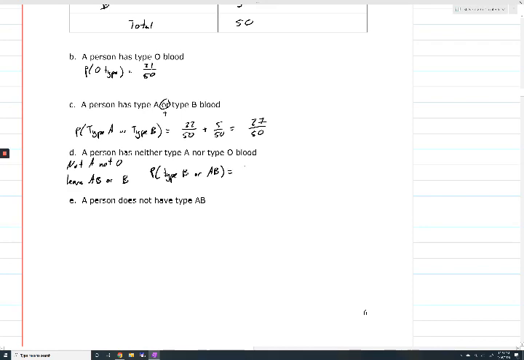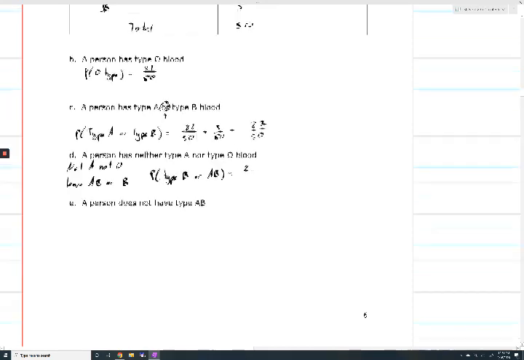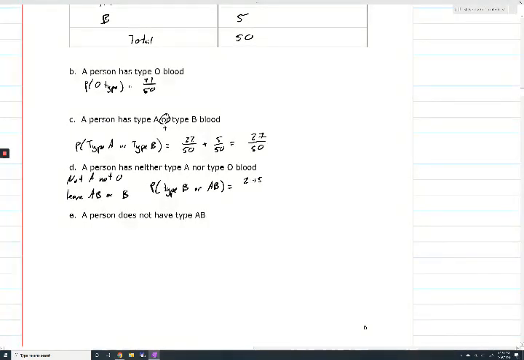And we know that there are 2 people with AB and 5 people with B, which gives us a total of 7 people that don't have type A or type O.